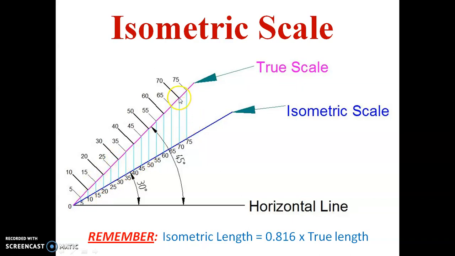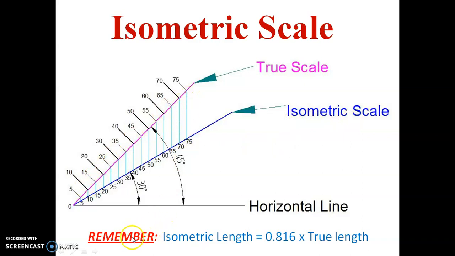It means that if this distance is 70 mm, and if you drop the vertical from the 45 degree line on the 30 degree line, whatever distance you measure from this point from 70 to this 0, this distance will give you the isometric length, and the distance on the true scale will be the true length.